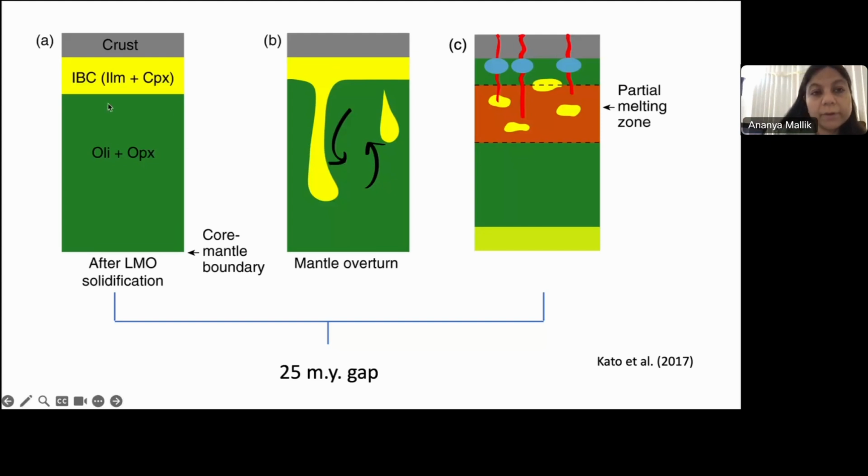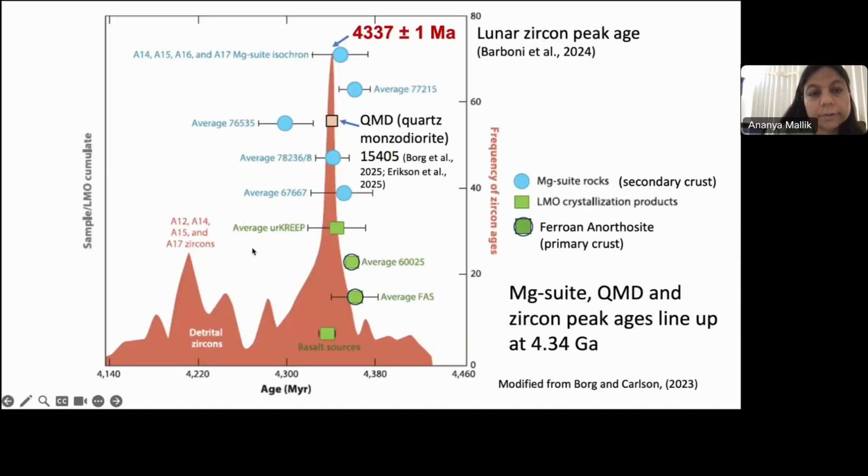So the fact that the ferroan anorthositic crust is expected to be older than this episode of upper mantle partial melting and resulting secondary crust formation actually bodes pretty well with this 25 million year gap that we see in the geochronology record.